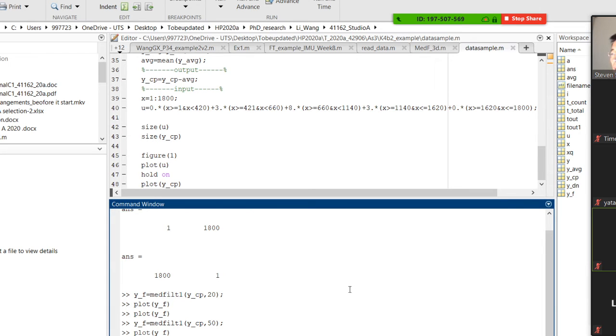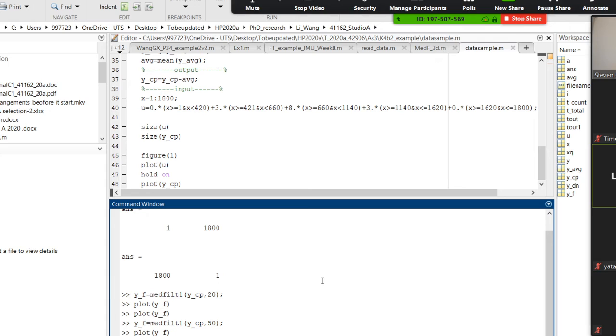So this is statistical filtering, and there are also some other nonlinear filtering methods. Maybe you have learned about the Hilbert-Huang method or some other methods. They are for nonlinear filtering, so nonlinear signal analysis. I will not go too deep into that.